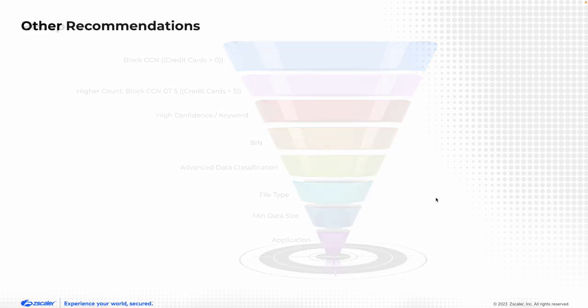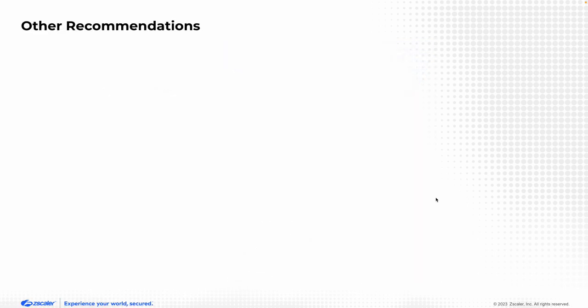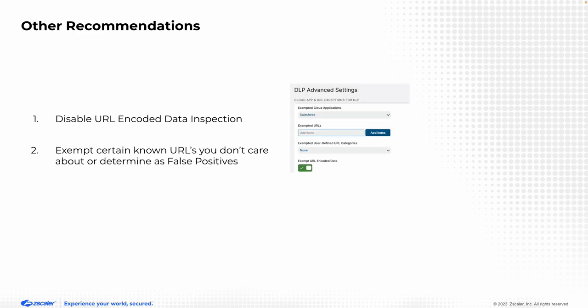So in addition to the tuning that we already did, here are some other Zscaler recommendations. Zscaler recommends disabling the URL encoded data inspection. URL encoded data is a 64-bit encoded set of strings. For DLP dictionaries with numbers and alphabets, it will definitely trigger. URL encoded data is no longer a comprehensive means of egressing sensitive data.